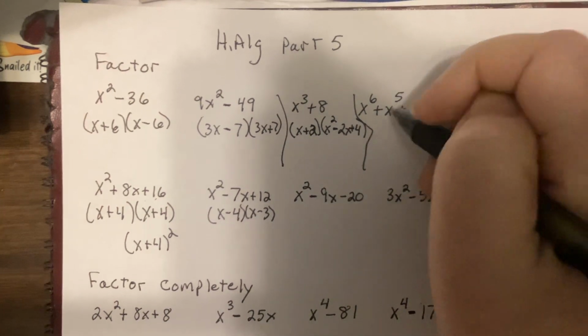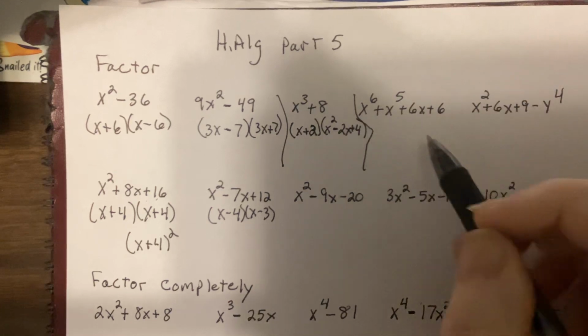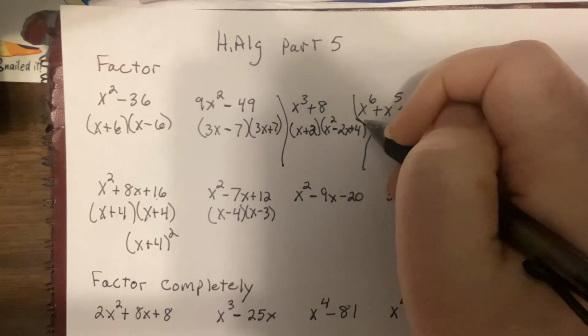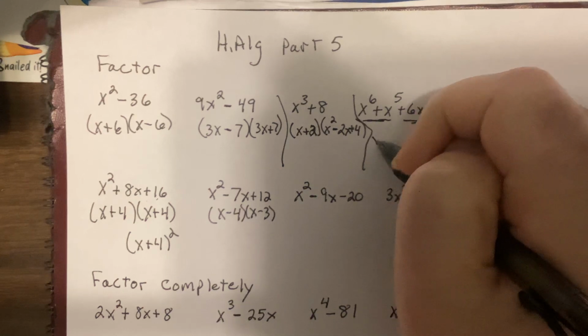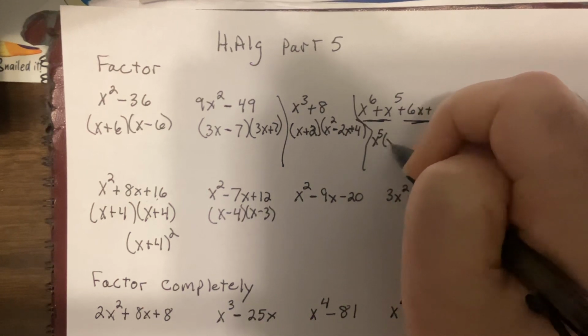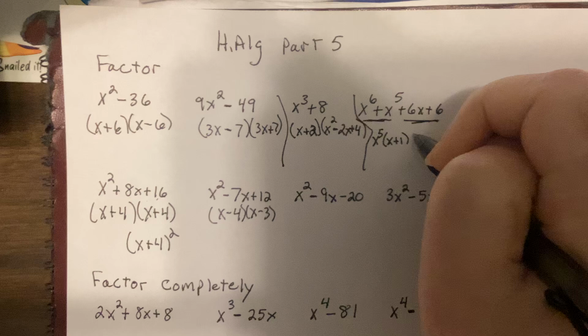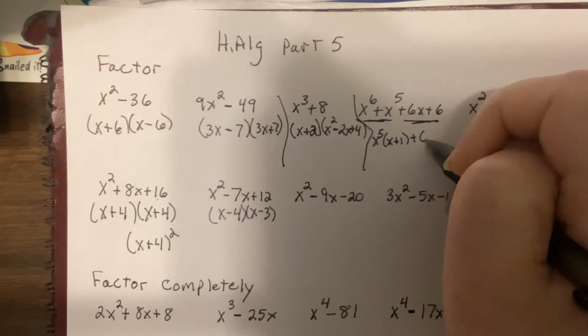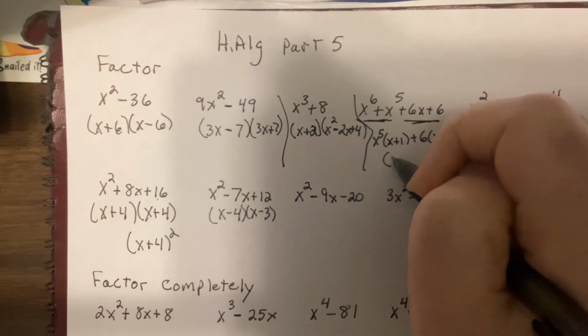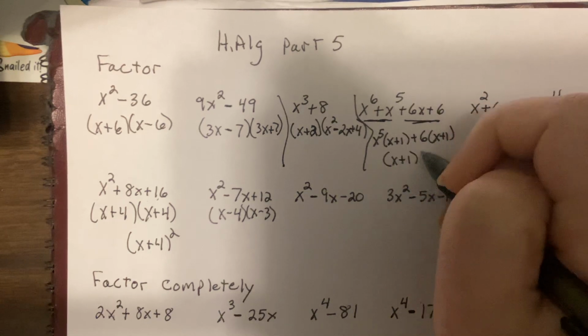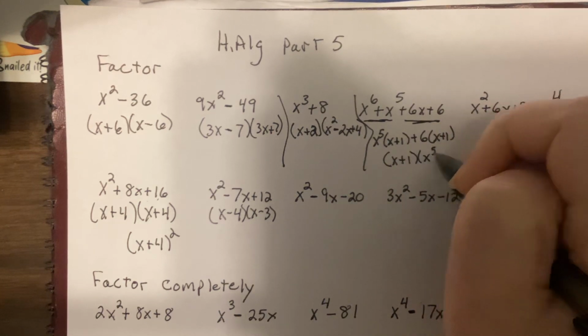Here, 4-term polynomial. It does not look like the first 3 to go together, so it's a 2 by 2. So I'd have x to the 5th, factor it out as x plus 1, factor out the 6. So it'd be x plus 1, x to the 5th plus 6.